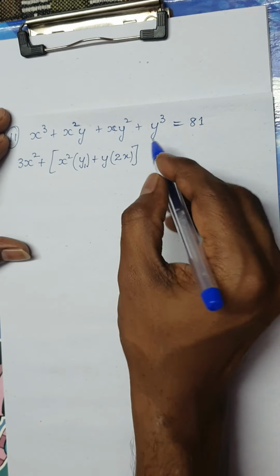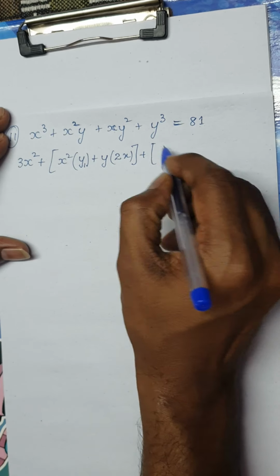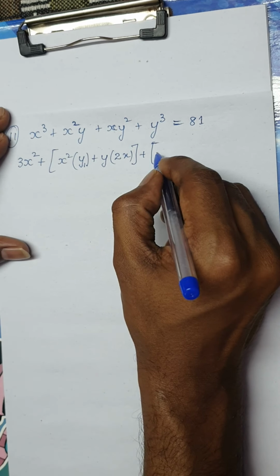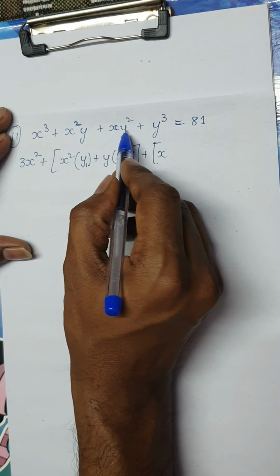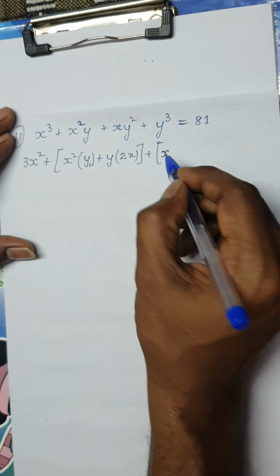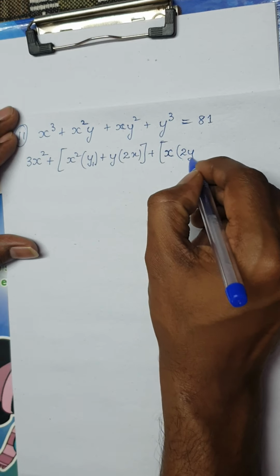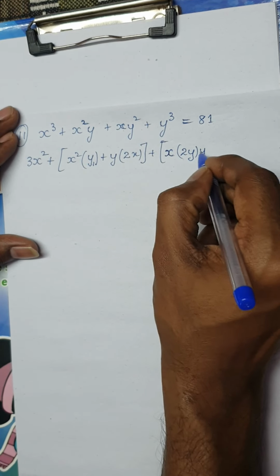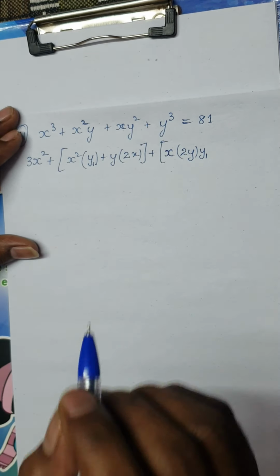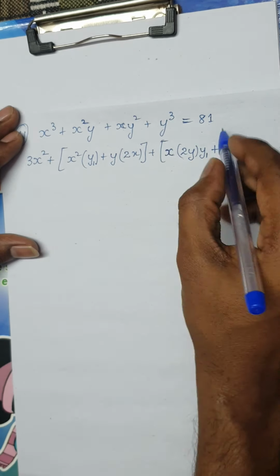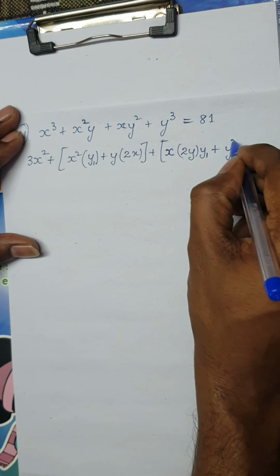So this term is over, plus again here, we are using product rule for x into y square. I am keeping the first function as it is. Derivative of y square is 2y into y1, meaning dy by dx. Plus, now keep y square as it is.